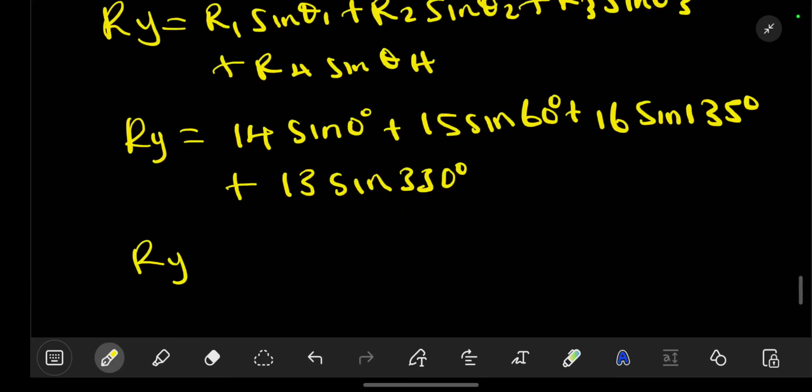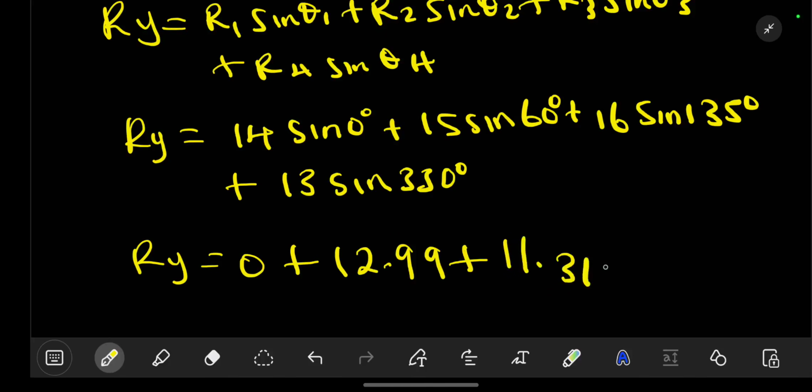So our Ry will be equal to, we have our 14 sine of 0 degrees, which gives 0. Then plus our 15 sine of 60, which gives us a value of 12.99. Then plus our 16 sine of 135, which gives us a value of 11.314.